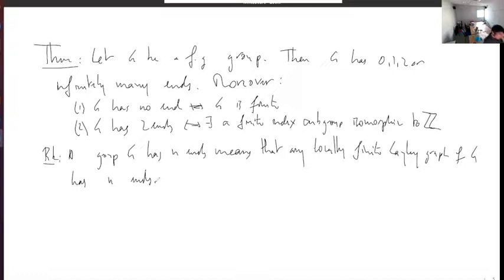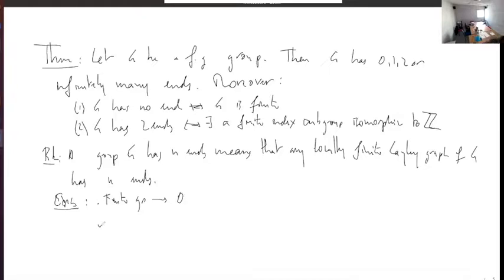Okay, so what I would like to do is explain a little bit how the proof works. The proof is rather amusing. Maybe first I will give some examples. Of course, for a finite group, there are no unbounded components, so the number of ends is 0.